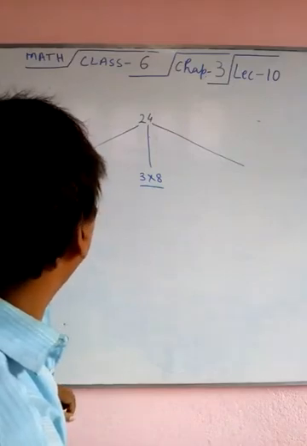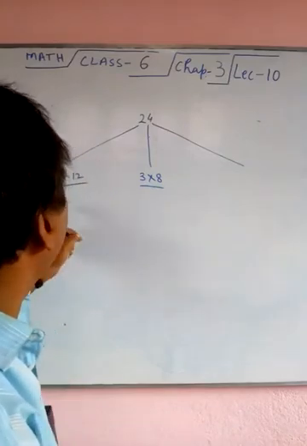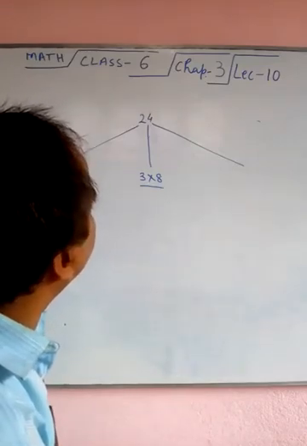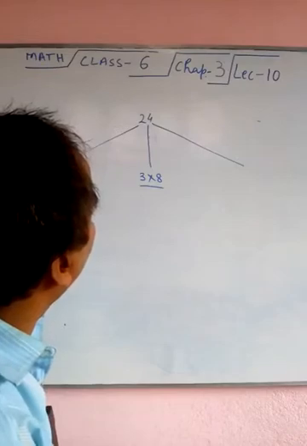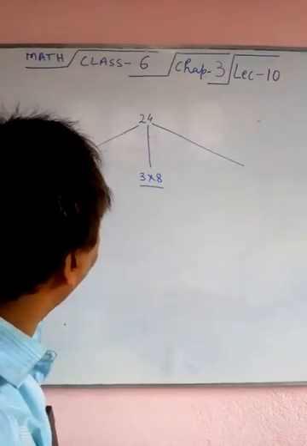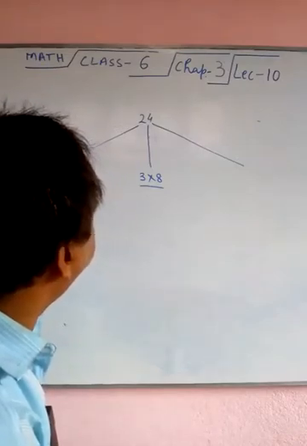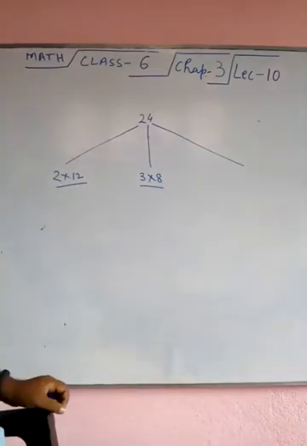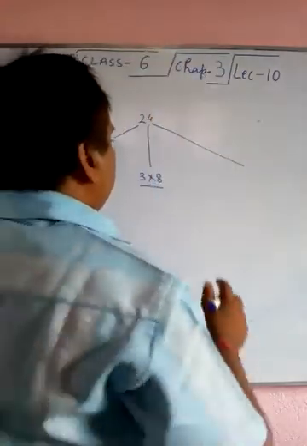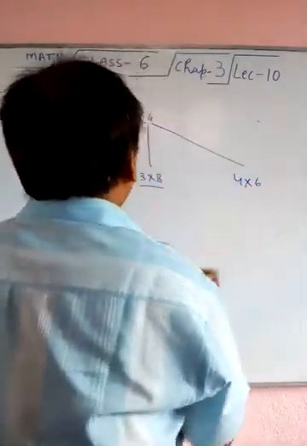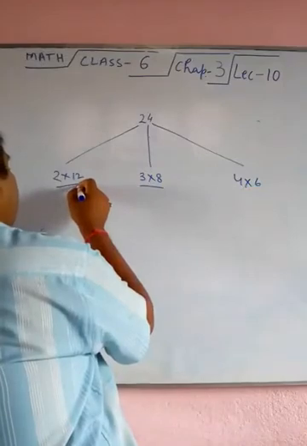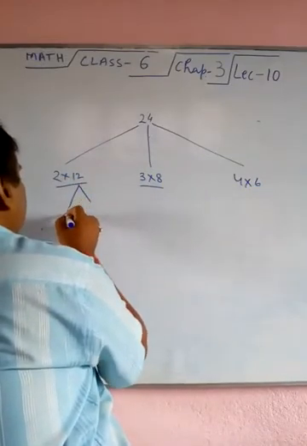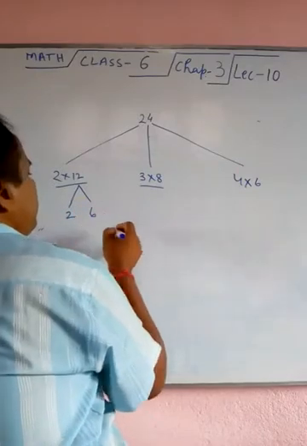Okay, and 4 into 6. So now again, 2 is a prime number, so you can write here 2 into 6.